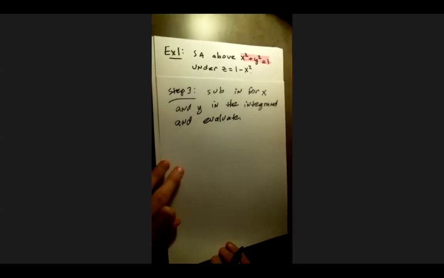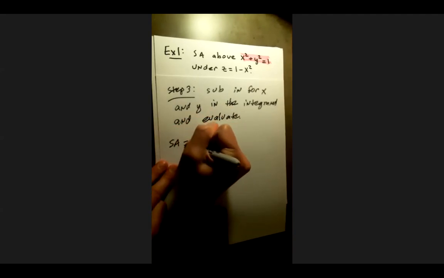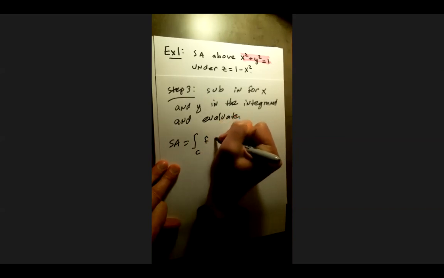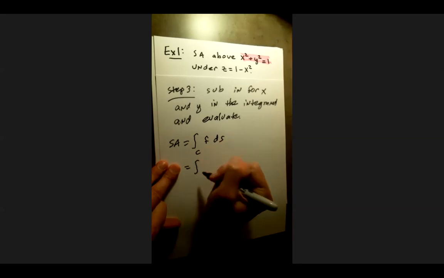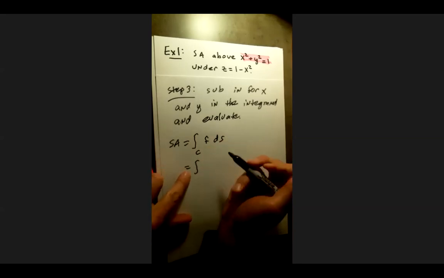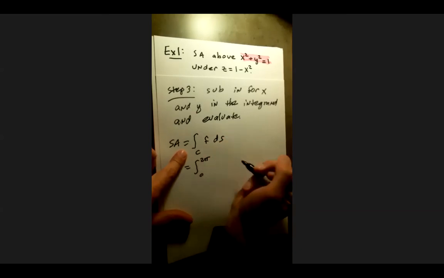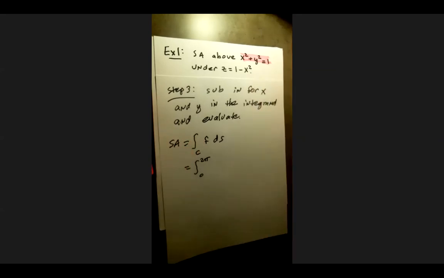So let's see how this works. So our surface area is going to be the integral along C of f ds. So we parameterized. Our parameter is going from 0 to 2 pi. Our f, that's the 1 minus x squared.